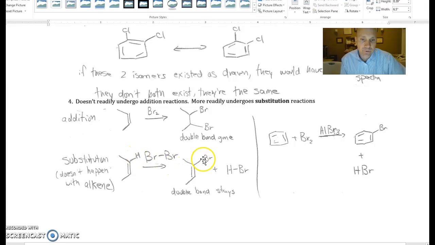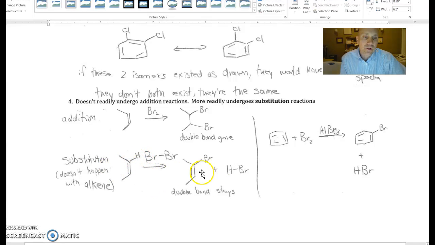Notice that puts a bromine here, and you would have left over HBr. So where does that H come from? It would have come from this hydrogen right here. So notice that if I were to draw this just like this, it would look like you're just adding a bromine right here. But remember, it's a substitution, because when this happens, you would have had a hydrogen here that is no longer there once you get to this molecule. It's a little bit easier to see if I draw that hydrogen in right there.